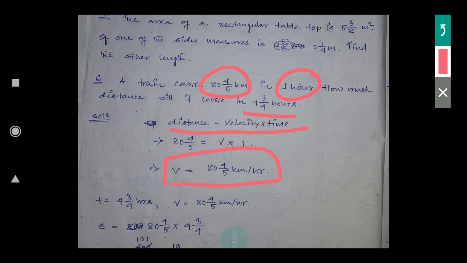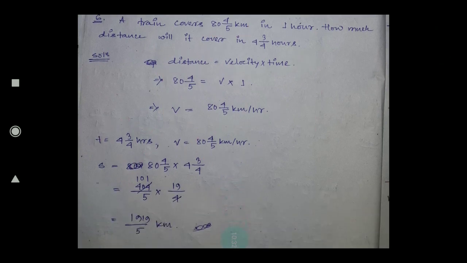So time is this, velocity is this, and distance will be velocity into time. So distance is equal to velocity, which is this, times time, which is this. After doing the multiplication you will get it. It's nothing but calculation only.